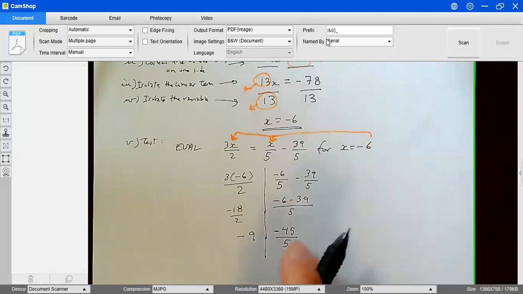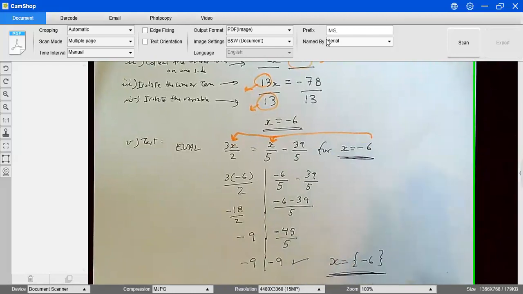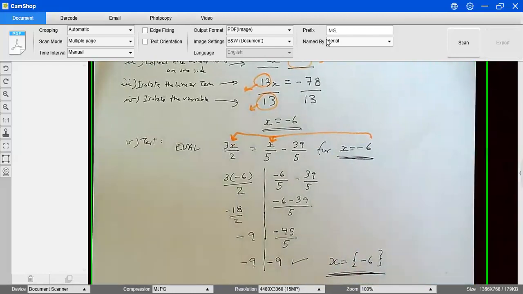So 45 divided by 5 is 9, and also the sign is negative because negative divided by positive is negative. So this is true. So that means that the solution is this one, the one that we were testing. That's the solution for this problem.